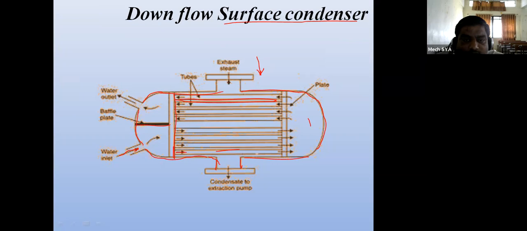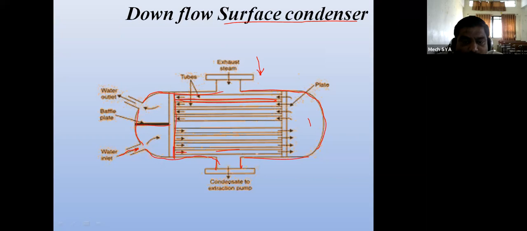Now when steam comes in contact with the water tubes, it starts condensing. The water here is very cold, so the steam condenses fast, and this condensate is removed with the help of the pump.